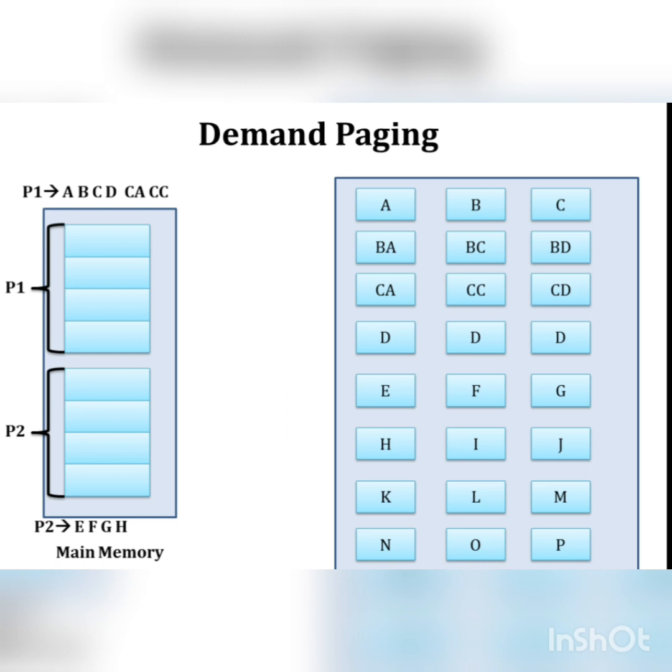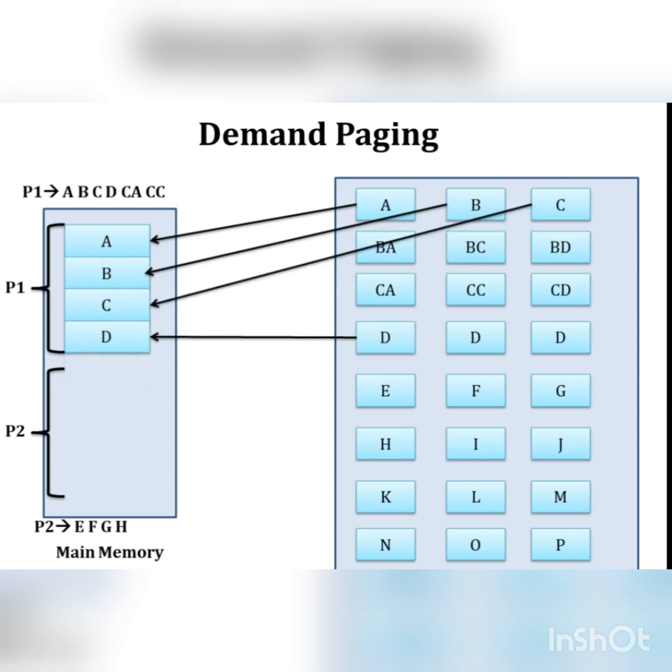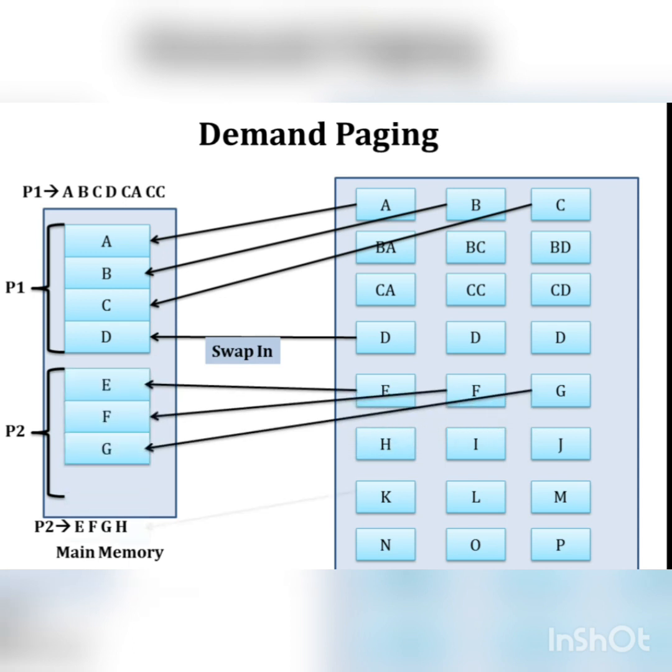As per the requirements of P1, first of all we load page A into the main memory, then B, then C, and then D. This process we call swapping. In the same way, we load the E, F, G, and H pages from the swap device to the main memory, as the requirement of P2 is E, F, G, H.